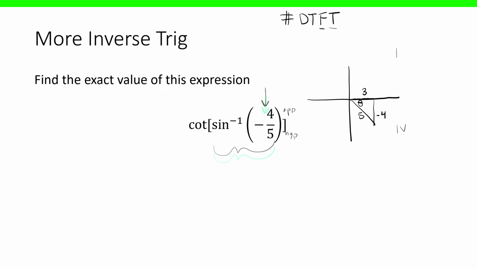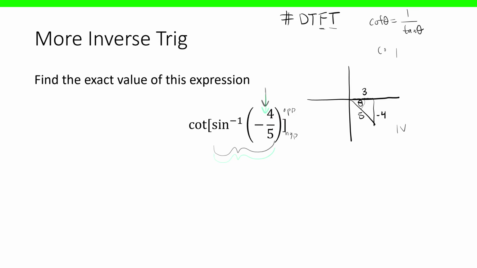Now I don't care what theta is, because this question is asking me what is the cotangent of theta. I don't need to know what theta is if I know all the sides of the triangle. So cotangent of theta is equal to 1 divided by the tangent of theta.